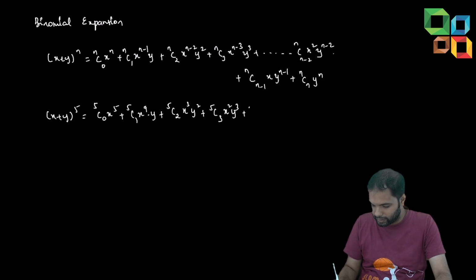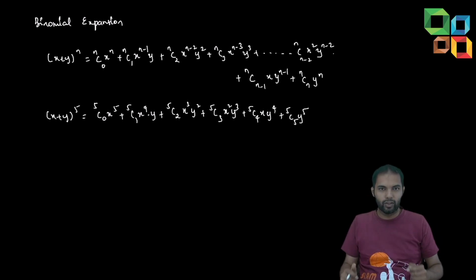Next, 5C4 x into y power 4. Next, 5C5 y power 5. You can write x power 0 if you like, but it is 5C5 into y power 5.